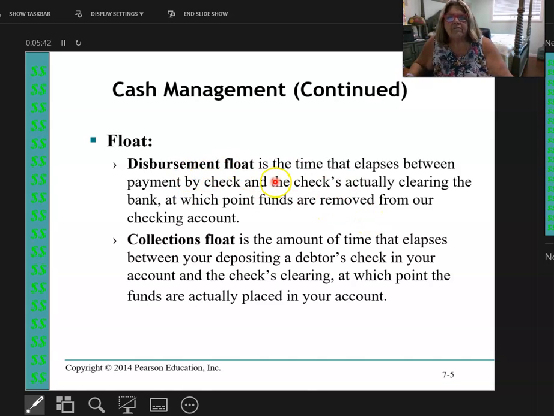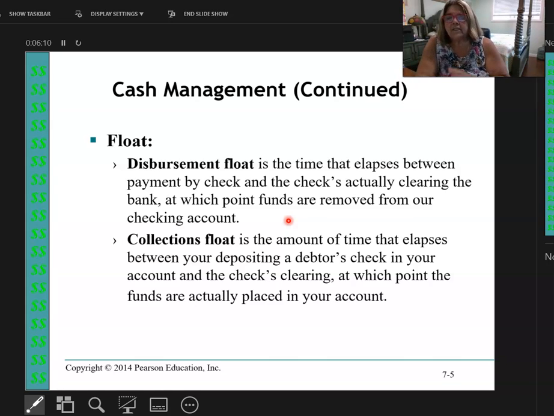So disbursement float is the amount of time between when I actually pay somebody and when that check is actually cashed. So I could pay you today, and if you're one of these people who just put checks in your wallet and leave them there, I could actually be having that cash in my bank until you actually cash your check. So it could actually be to my advantage to keep it in my account.